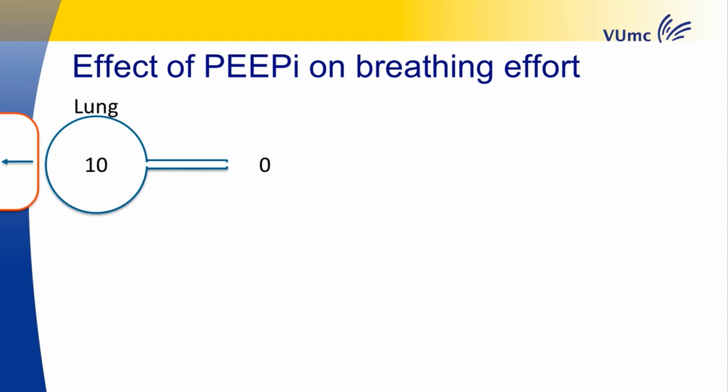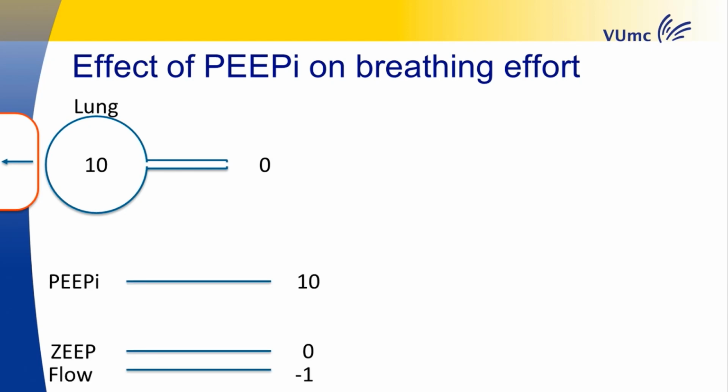Because air is never going to flow in when it's 0 here and 5 centimeters of water here. So what the patient has to do is try to reduce the pressure in the alveolus from 10 to 9 to 0, and then a little bit less, say to -1. Only then will air flow from the atmosphere into the alveolus.